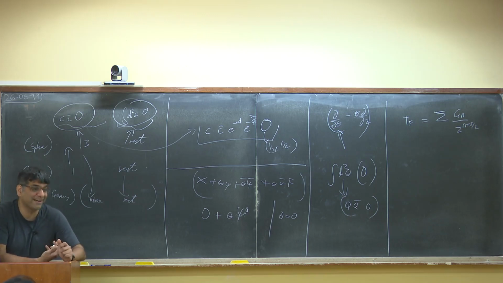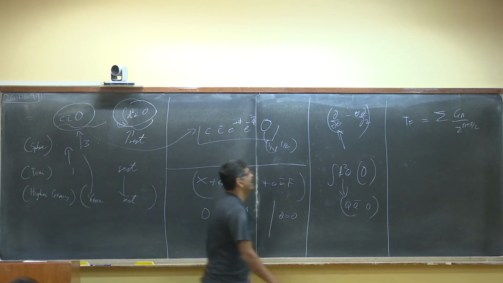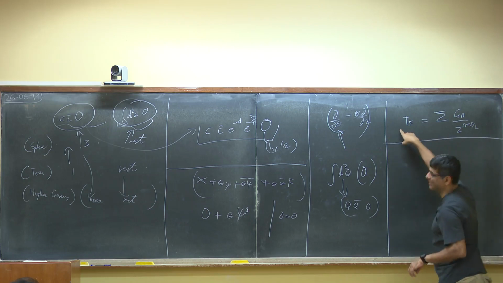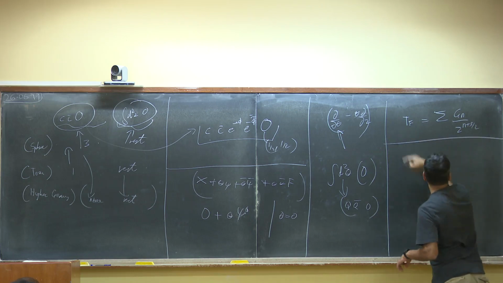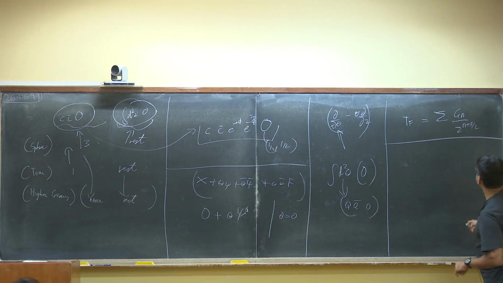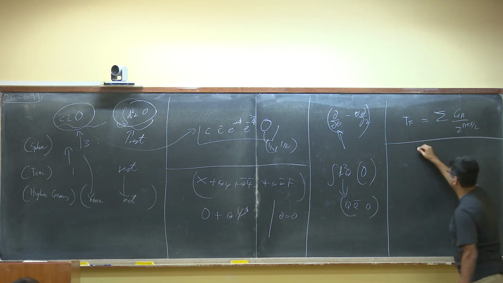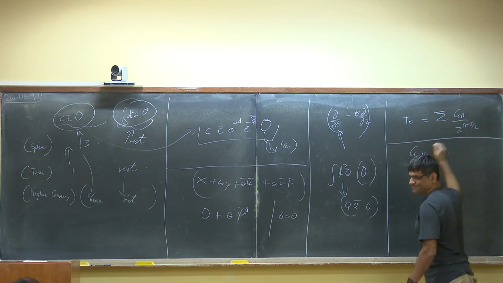In the NS sector, it's half integer moded. The supersymmetry operator was the part that gave the pole in z of this, and so was G minus half.